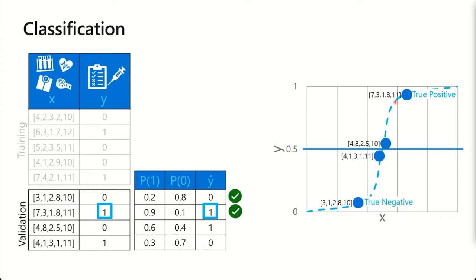Now, here it becomes interesting, because if we're looking at the data, you can see that this person does not have diabetes, but the probability of him having diabetes is estimated at 0.6, and he gets wrongly predicted as having diabetes. And this is now a false positive.